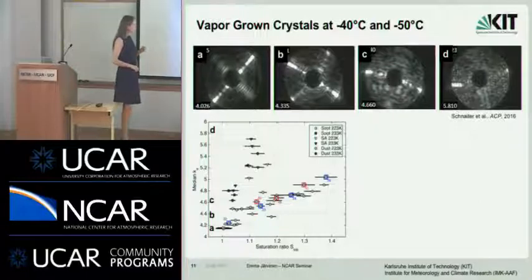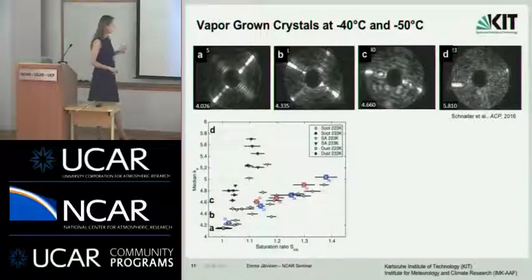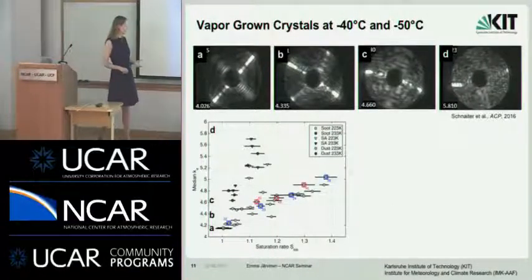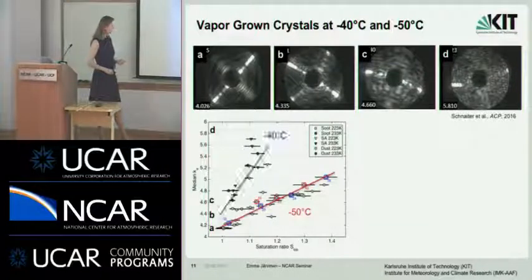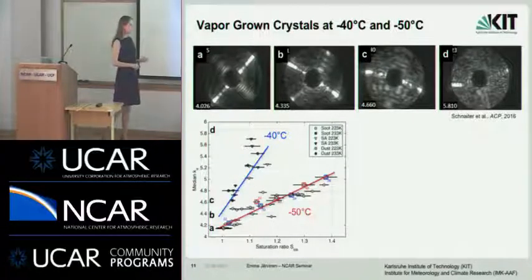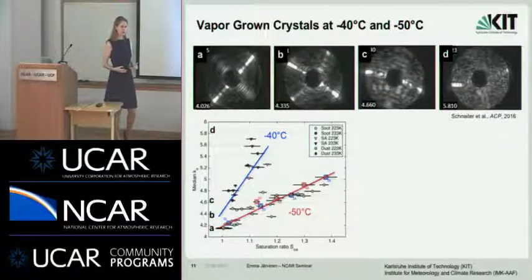But looking at the individual experiments, we have a clear trend between the saturation ratio that was used to grow the ice crystals and the complexity parameter. We have two curves here because we did it at two different temperatures, and at warmer temperatures we have more water vapor available, meaning the ice crystals are growing faster.